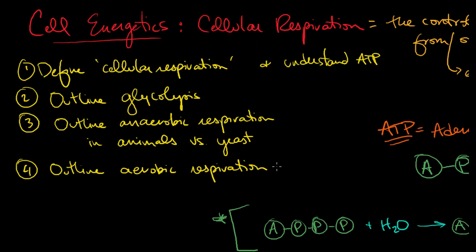Glycolysis happens at the start of both aerobic and anaerobic respiration. But anaerobic respiration happens in the absence of oxygen, and in animals or mammals it does something very different than yeast. And I think that wraps it up.